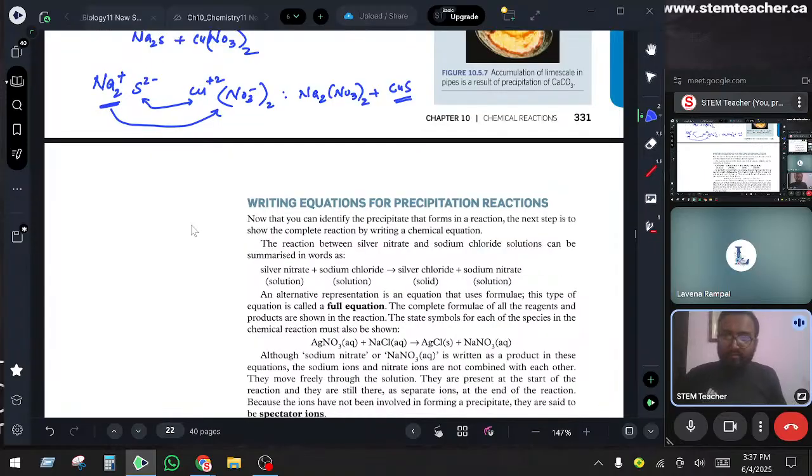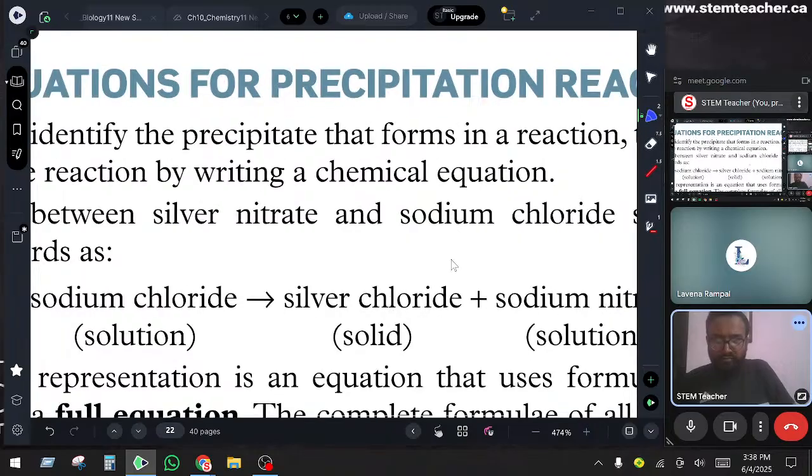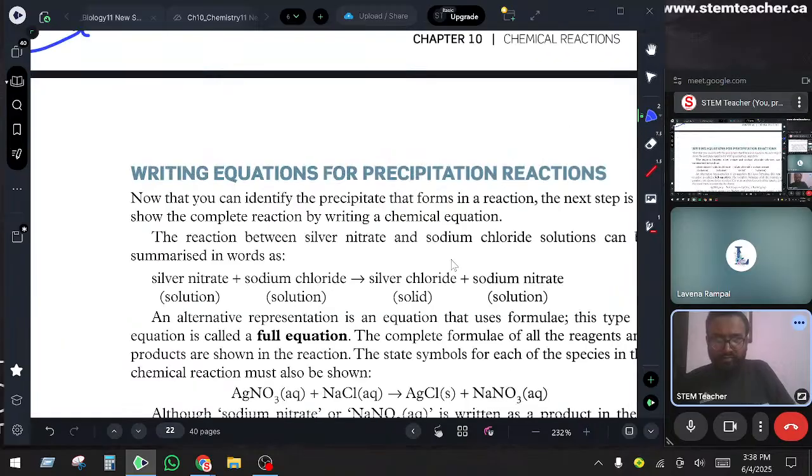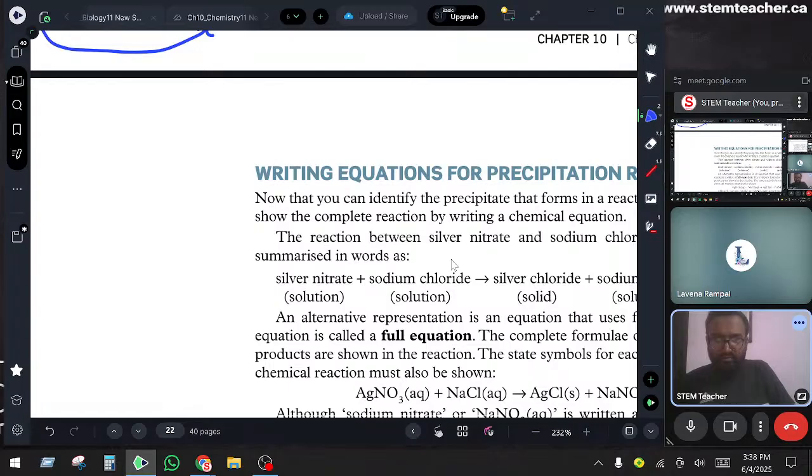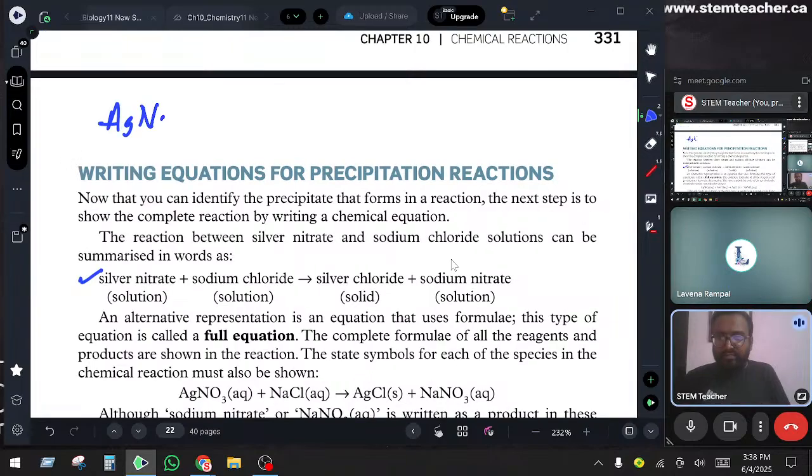So you can see, he's taking another example. So what is happening here, here sodium chloride, silver nitrate, AgNO3, and sodium chloride, it is NaCl.